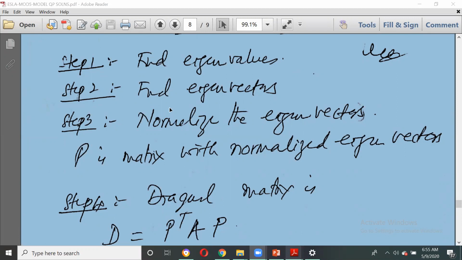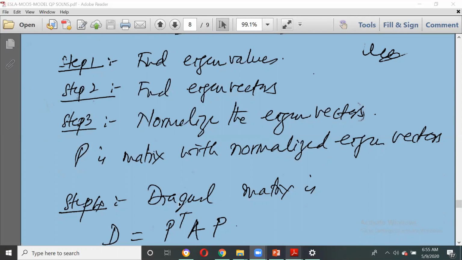This should be quite simple. We know how to find eigenvalues, and we know how to find eigenvectors. Normalizing just means you divide by the length of the eigenvector, and that will give us the P matrix, the normalized eigenvector matrix.